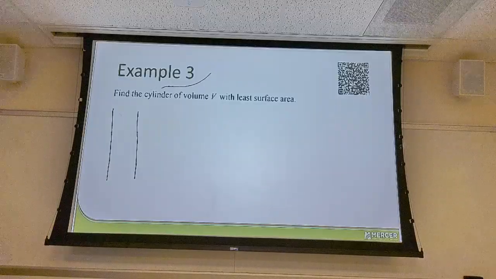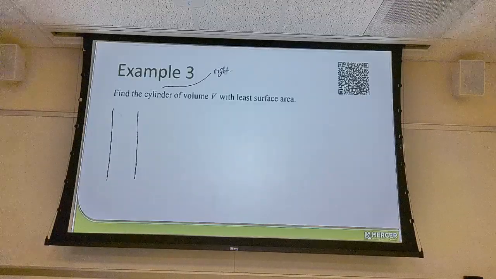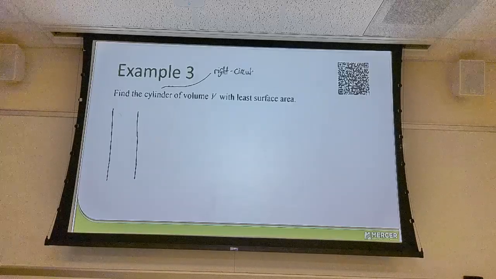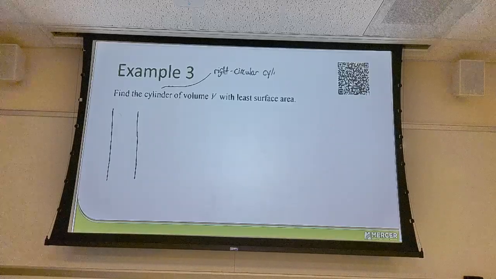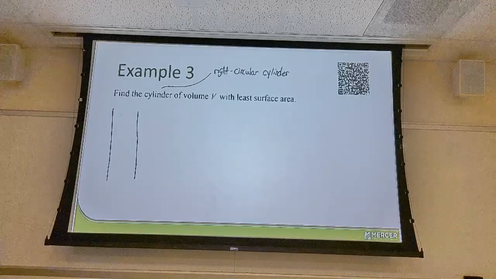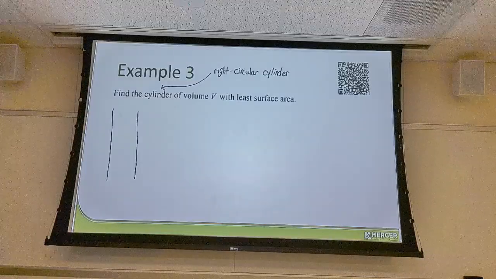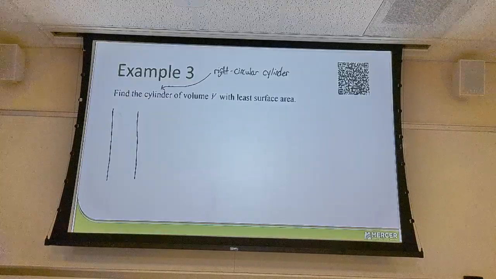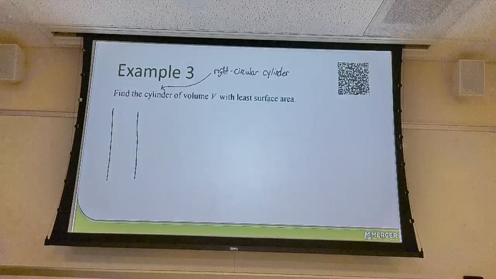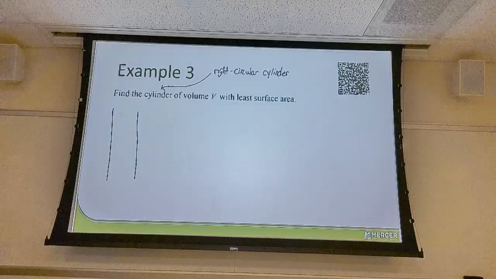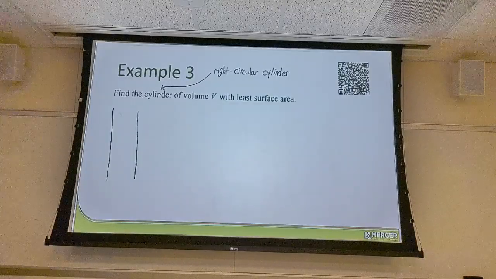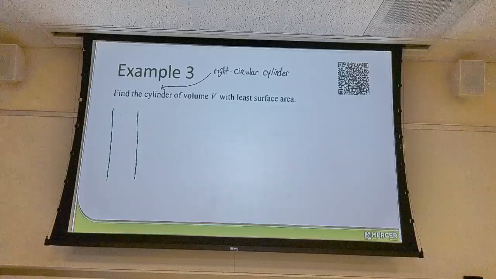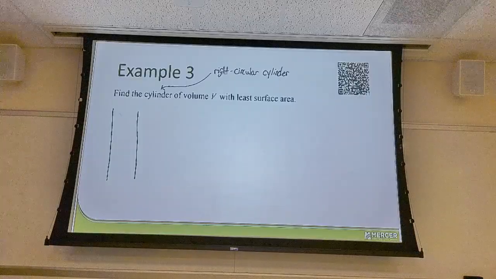Right cylinder. Are there like oval cylinders? Right circular cylinder. If you have to take Calc 3, you'll learn what cylinders really are. I know that you can skew them, and you can change the base to something other than circular. It doesn't even have to look like this.